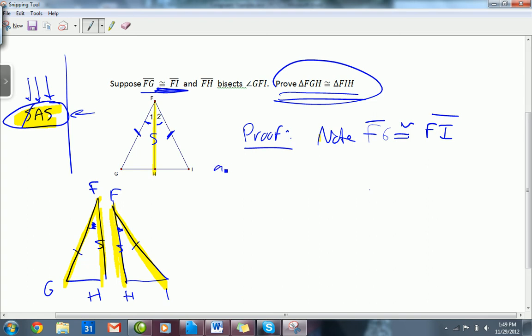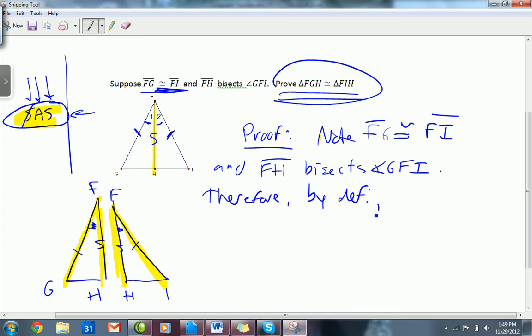And I'm also going to note that FH bisects angle GFI. Now, that in and of itself isn't that interesting. However, what follows from that is that, therefore, by definition of an angle bisector, doesn't that make angle 1 equal or congruent to angle 2?